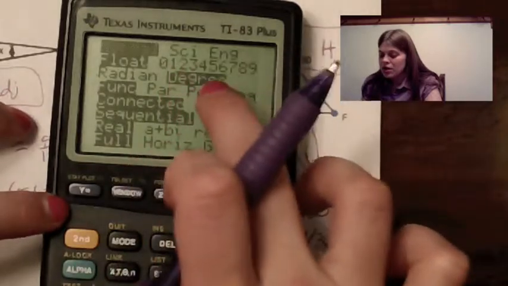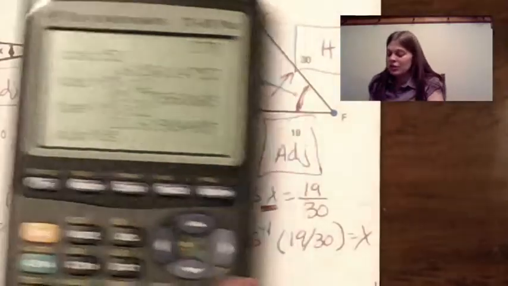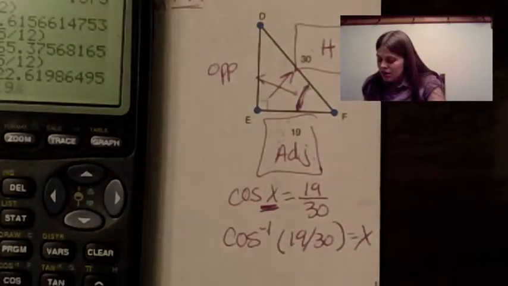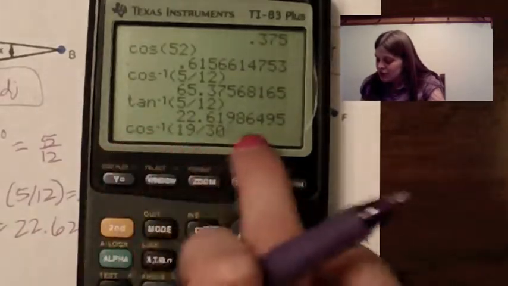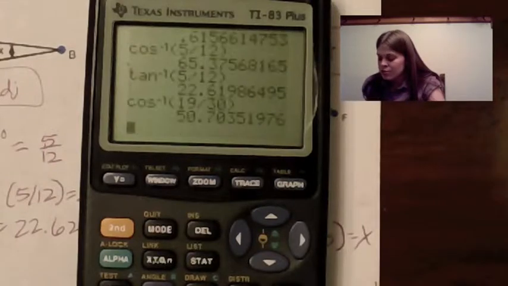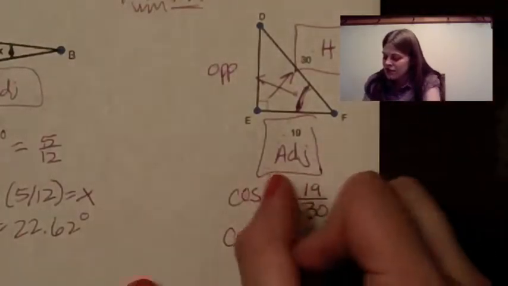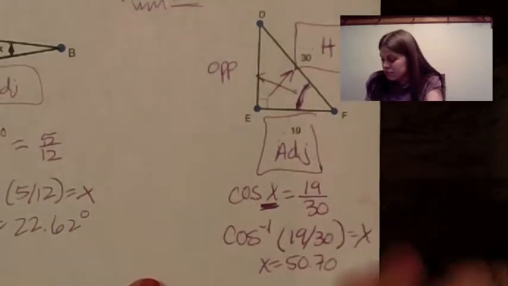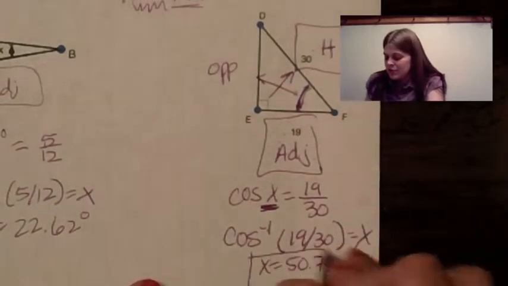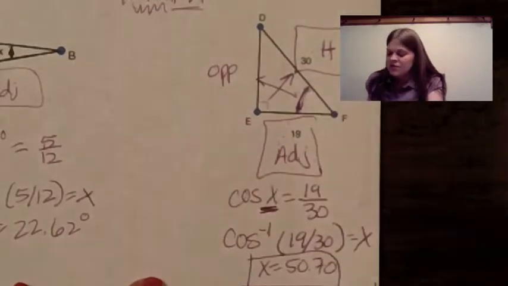So you hit mode, make sure it's in degree. If it's your calculator, you would have already changed it. But I do 19 divided by 30, so now it's cosine -1 or inverse cosine of 19 divided by 30. I'm going to close my parenthesis, and I get 50.70. So you can put the 0 or drop the 0. So this angle is 50 degrees.